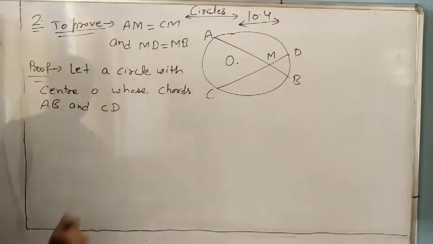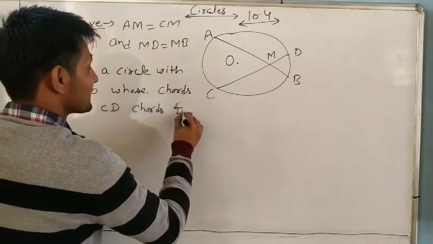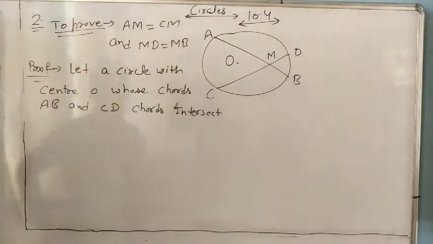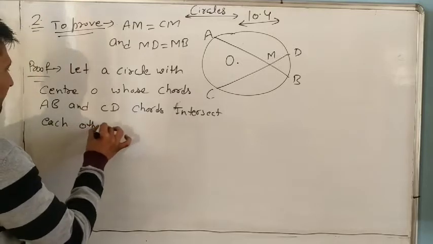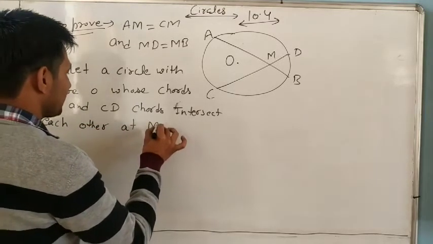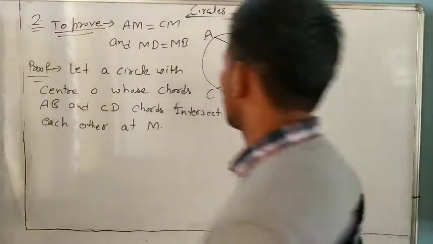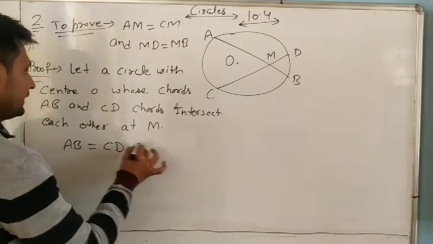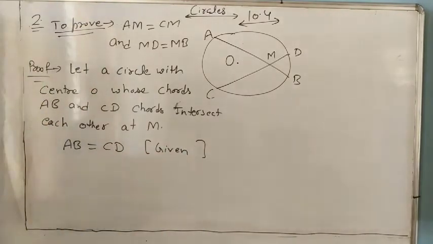AB and CD chords intersect, not bisect, because if you say bisect, it means the parts are equal. AB and CD chords intersect each other at point M. And what is given in the question? Two equal chords, so you write AB equals CD. This is given in the question.